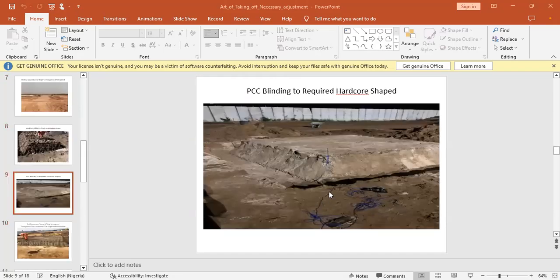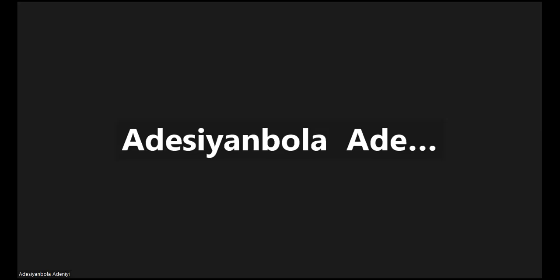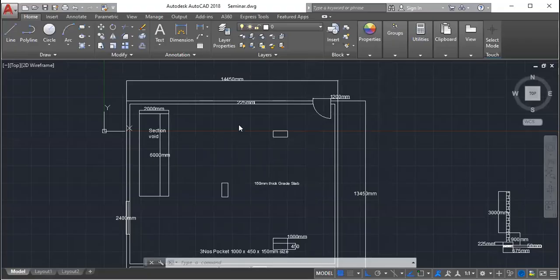In order to illustrate all these adjustments, I will use a simple rectangular drawing with length of 14.45 meter by 13.45.